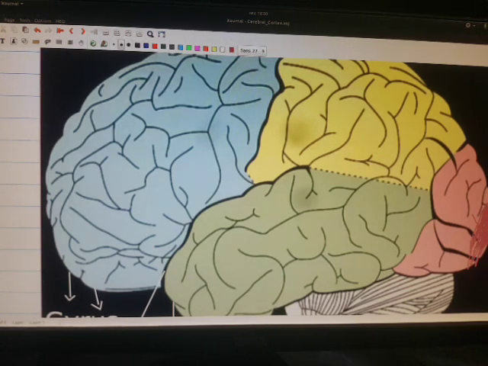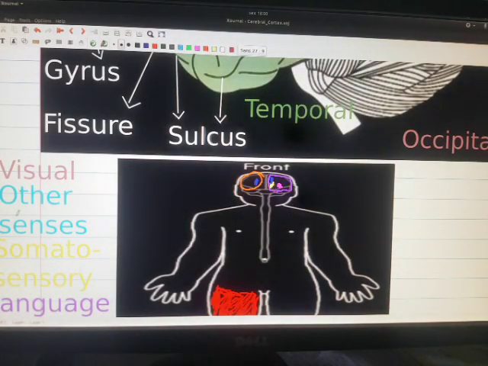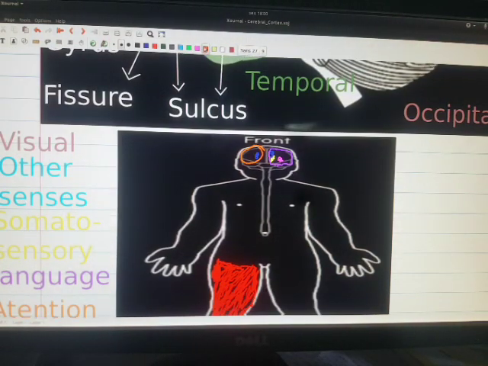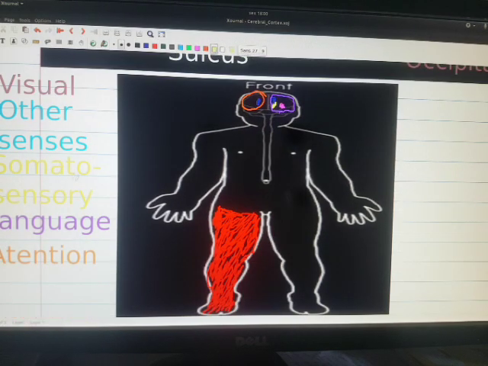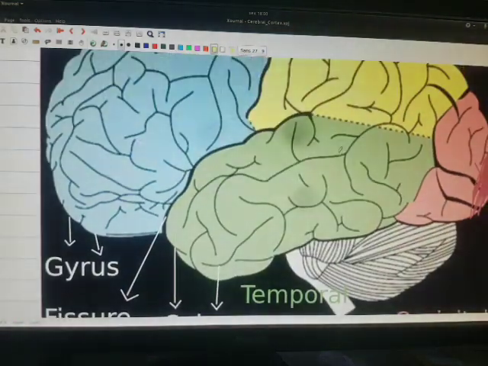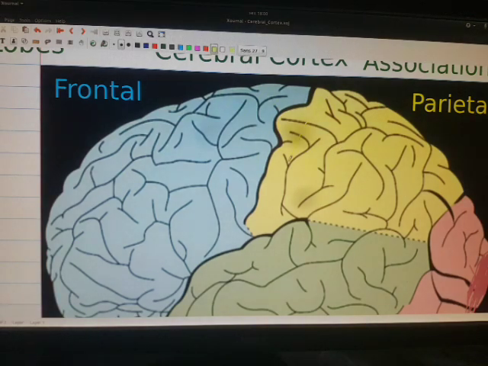And the somatosensory sensations will be on the opposite side. So it's near here. The somatosensories will be captured here.